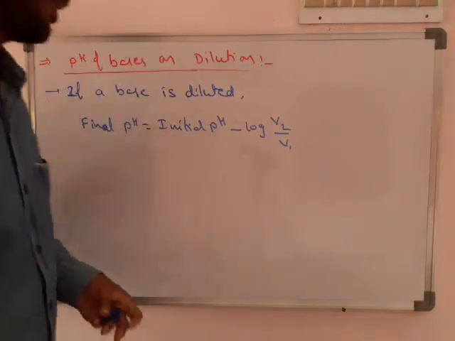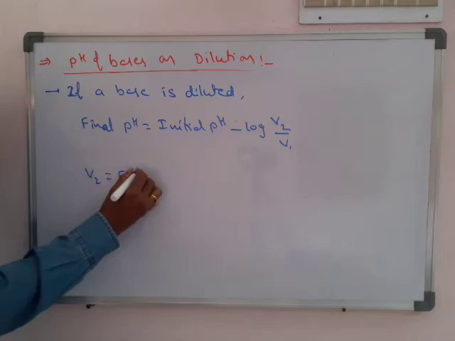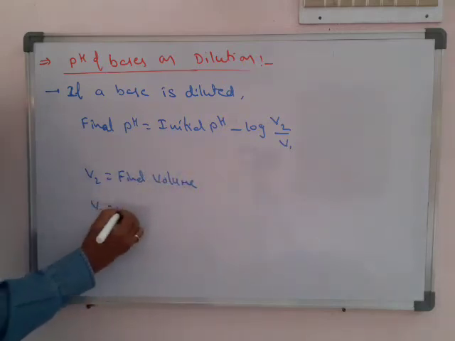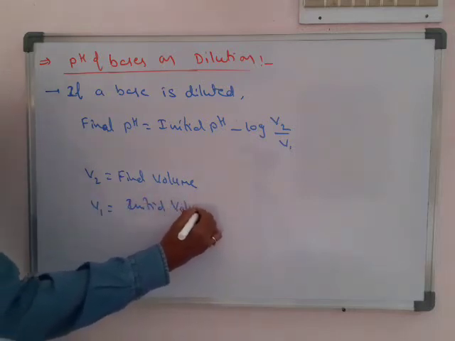Here again, what is V2? After dilution, the volume, that is called the final volume. V1 is its initial volume.